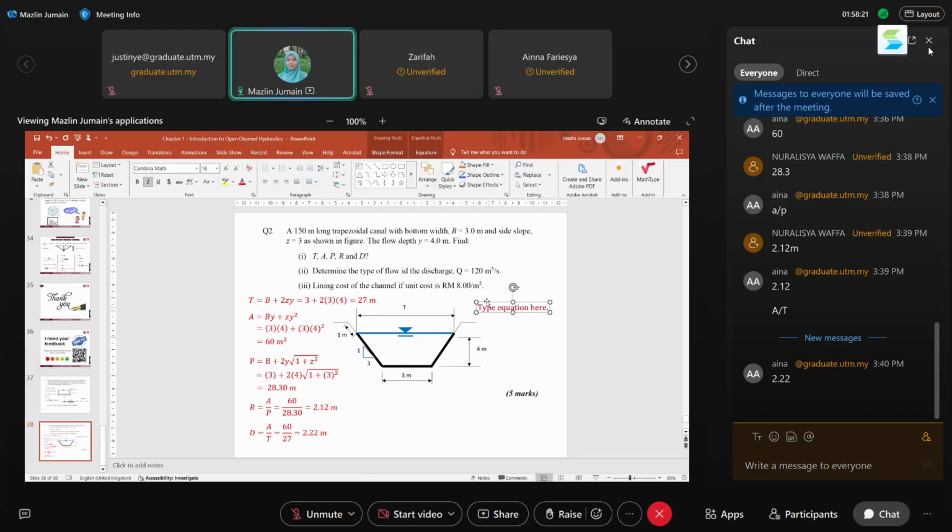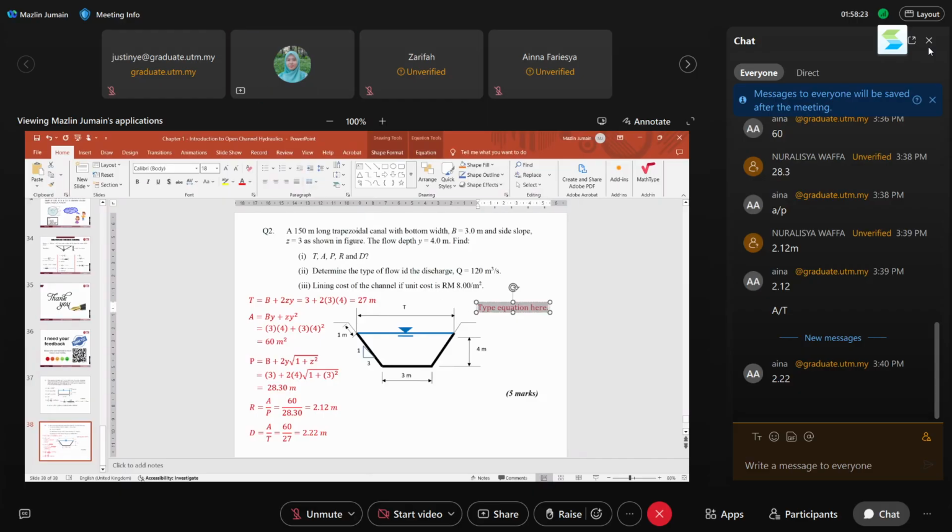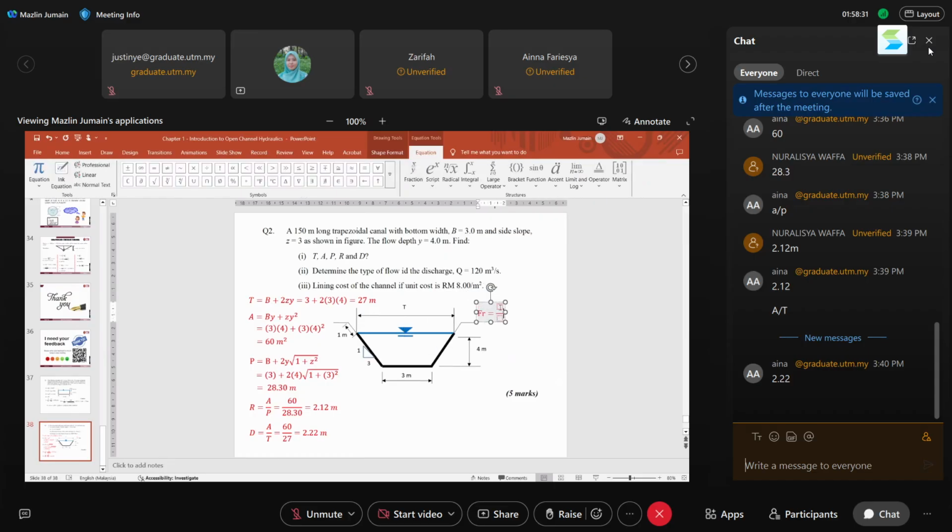So we have Fr equal to V divided by square root gD.